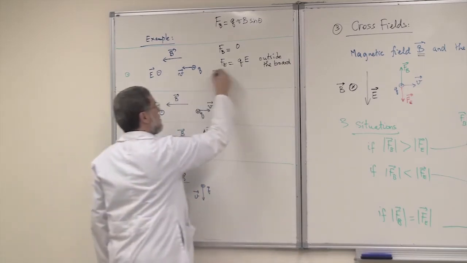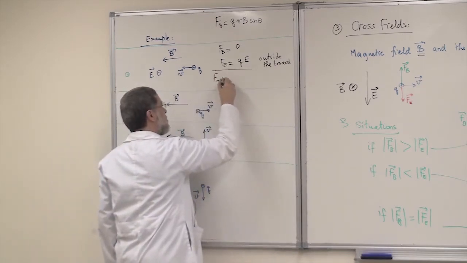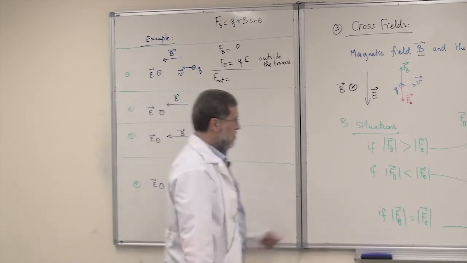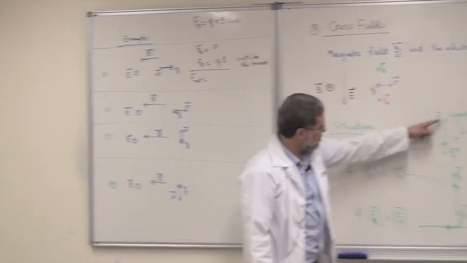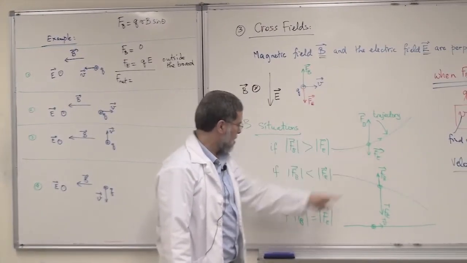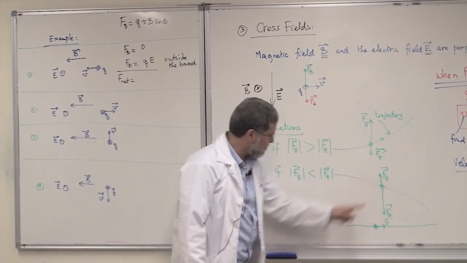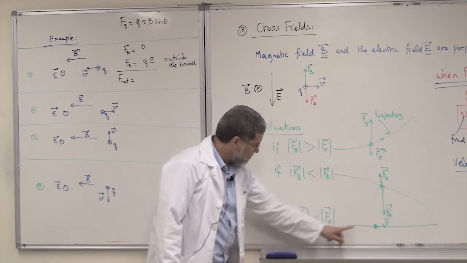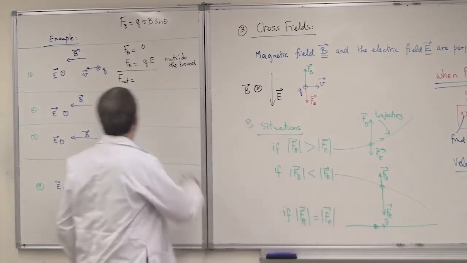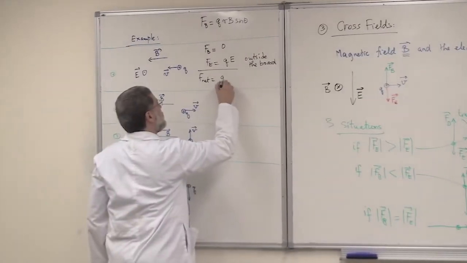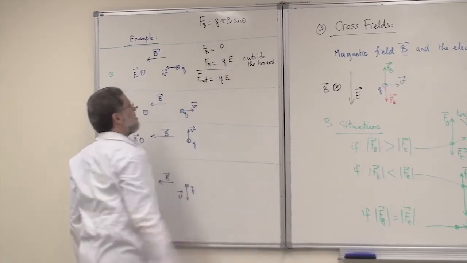So F net, which is the sum of them: F net is in this direction here because FB is greater than FE. Here F net is down because FE is greater than FB. F net here is 0 because they are equal. So F net here is equal to what? It's Q times E only, because FB is 0.